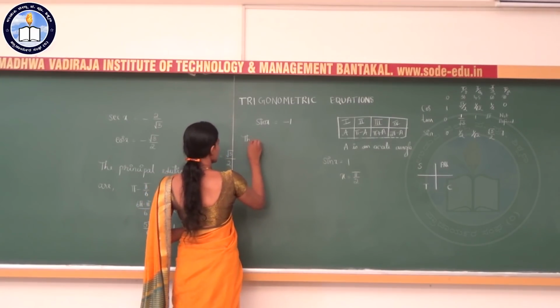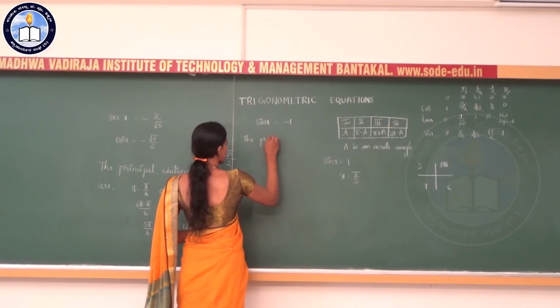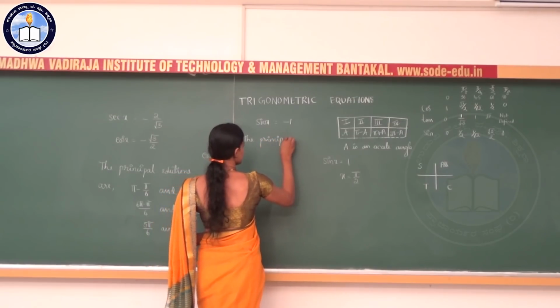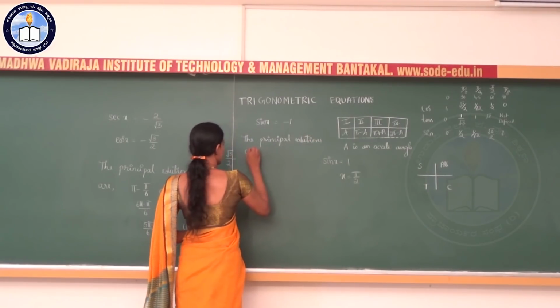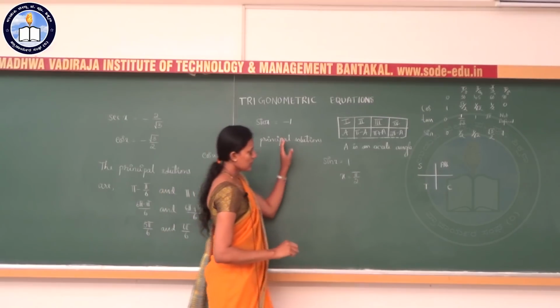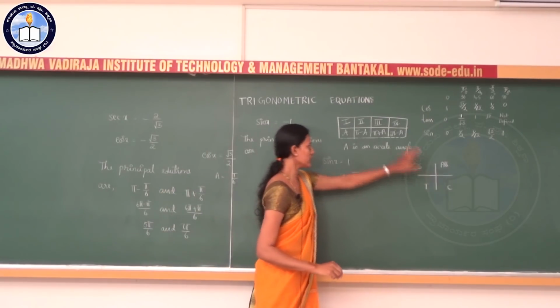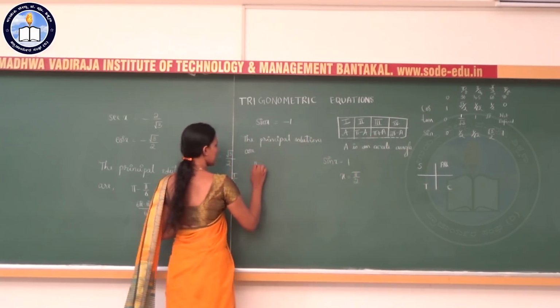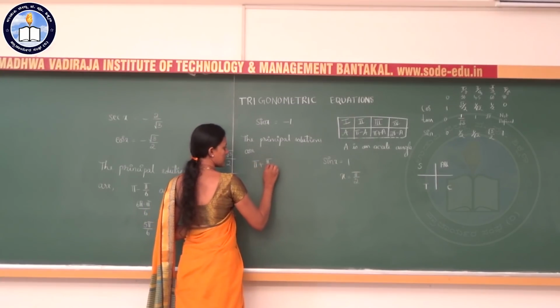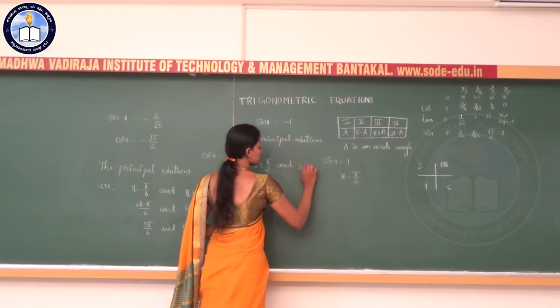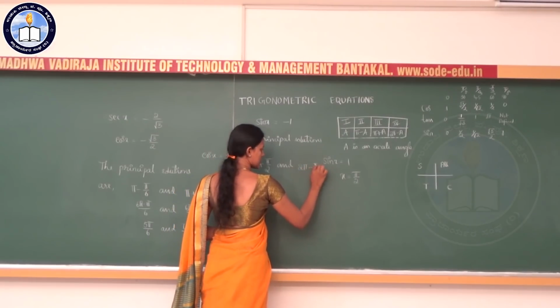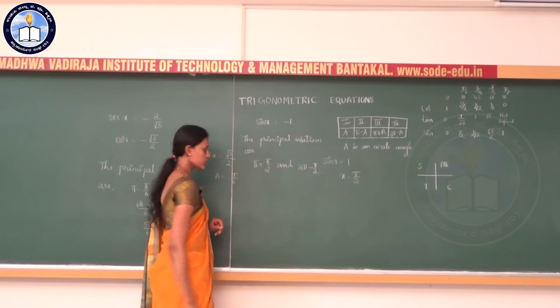So, what are the solutions? The principal solutions, angles lie in third and fourth quadrant. So, it is pi plus pi by 2 and 2 pi minus pi by 2.